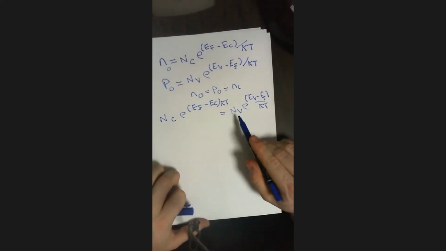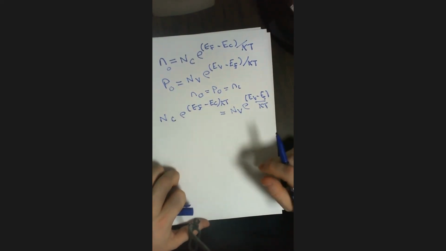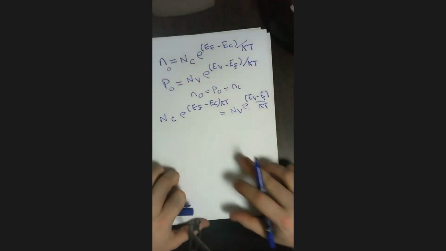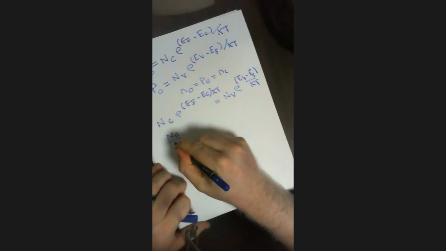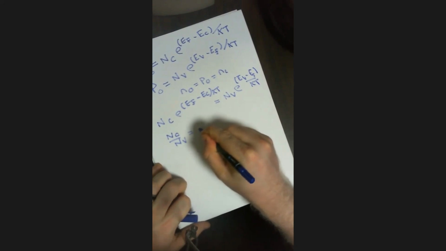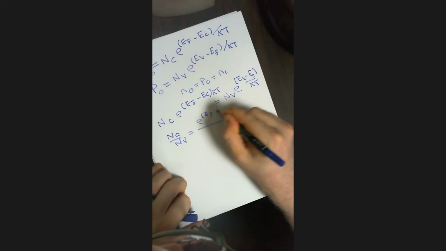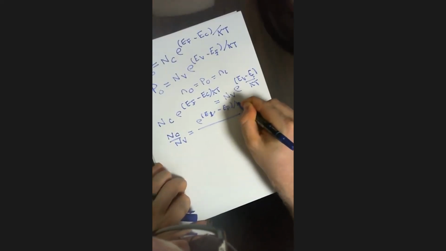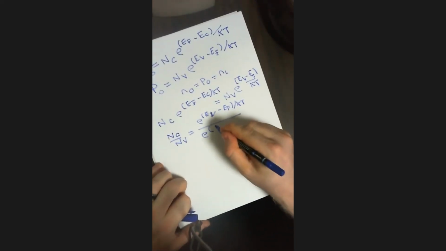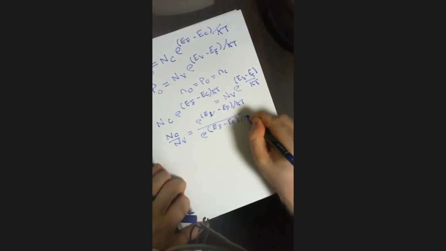Now you can pick up both exponentials on one side and both constants on the other side. So you can say, for example, NC over NV equals e power EV minus EF over KT over e power EF minus EC over KT.